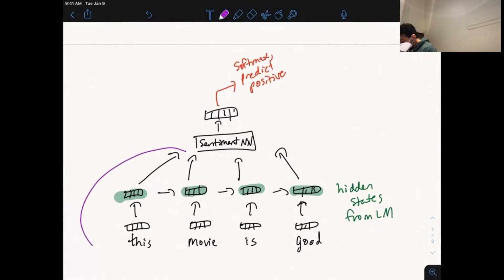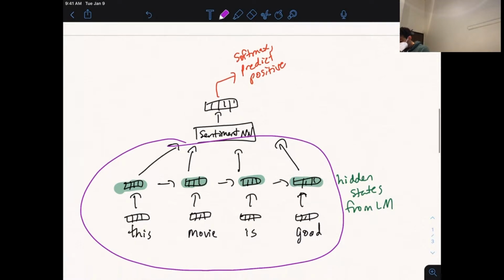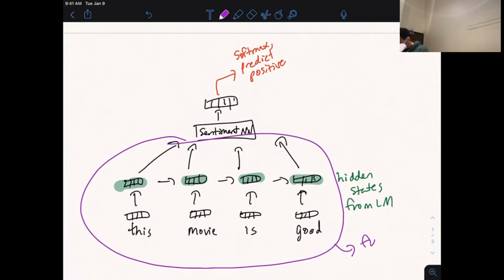So this part of the network here, this is frozen, meaning when we apply backpropagation to train the sentiment neural network, I do not backpropagate into the language model. That's because the language model we're treating as kind of a feature extractor.